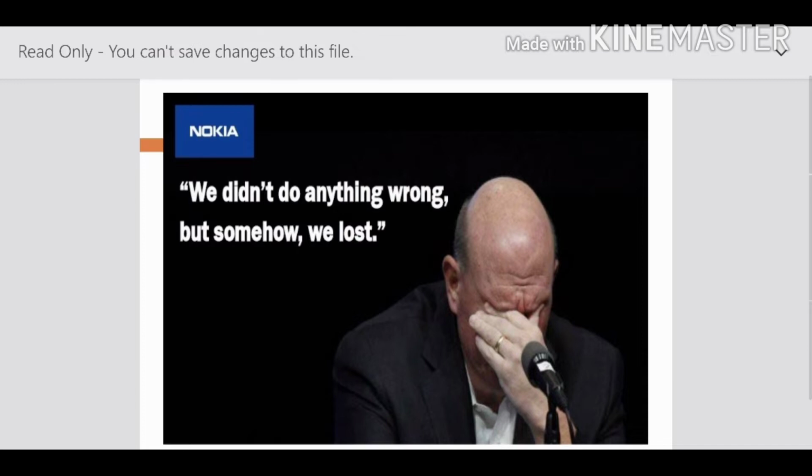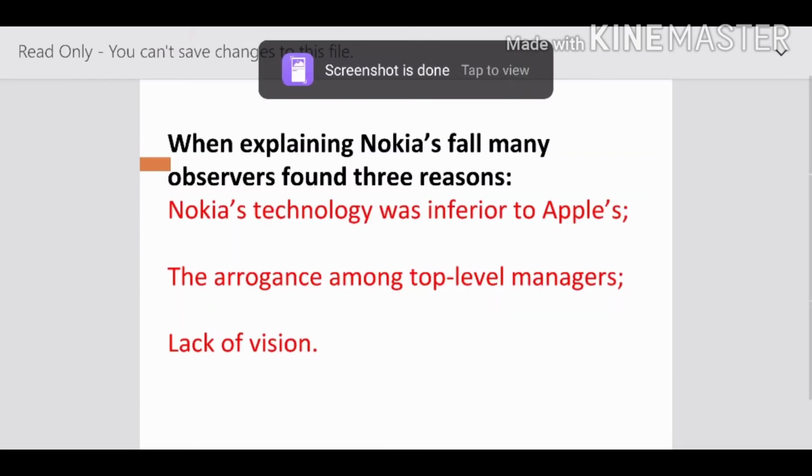Talking about Nokia, as you know, Nokia failed because of a lack of scanning of the environment. Scanning of the environment means checking whether it was technically competent, whether it was accepted by all the people, and whether it was successfully handled by the employees. There can be lots of reasons.